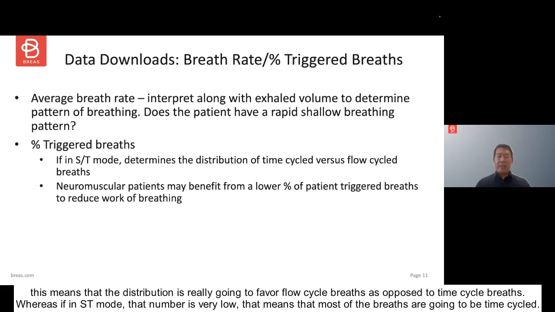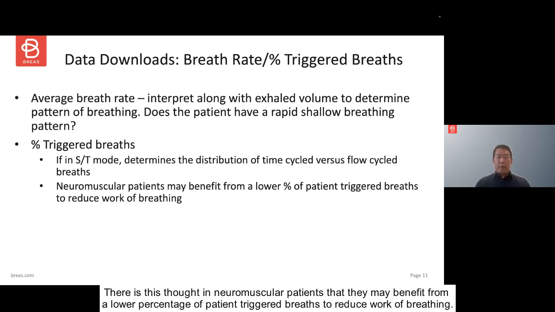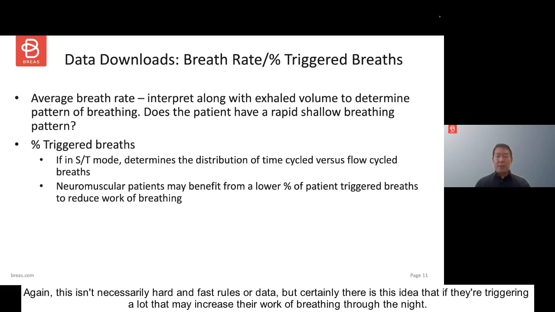Whereas if in ST mode that number is very low, that means that most of the breaths are going to be time cycled. And so there is this thought in neuromuscular patients that they may benefit from a lower percentage of patient triggered breaths to reduce work of breathing. Again, this isn't necessarily hard and fast rules or data, but certainly there is this idea that if they're triggering a lot, that may increase their work of breathing through the night.